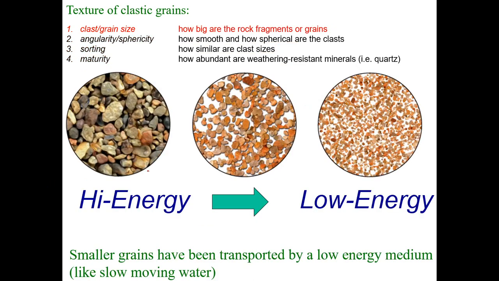Clast size refers to how big the sediment actually is. That can tell us a lot about the conditions under which it formed. If you find a rock with big clasts, big pieces, it means that it had to form in what's called a high energy environment. Think about this. What can carry larger pieces? Fast moving, high energy water or slow, sluggish water?